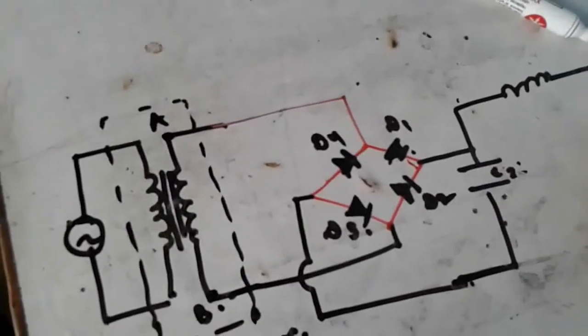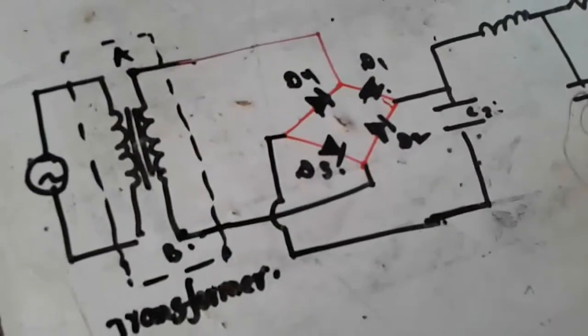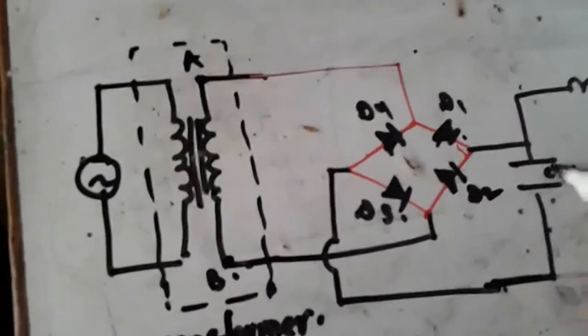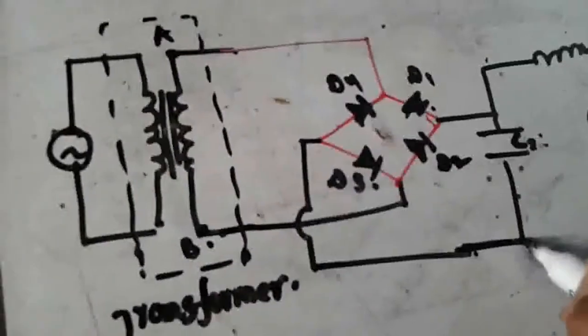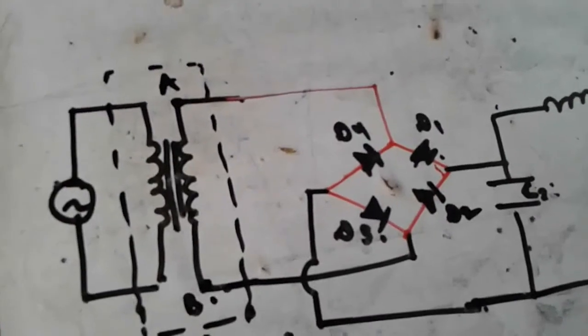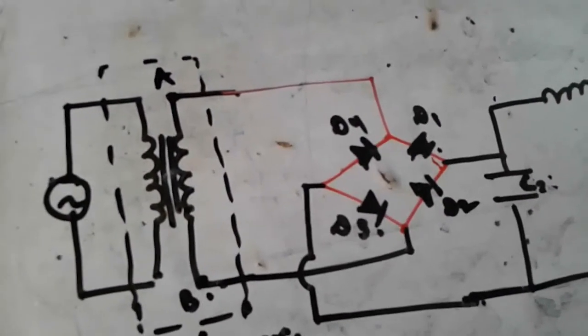And now a resistor, another capacitor in parallel connection. I will give them names: this one is C2, this one is C3. Now it will go like this, and here you will see a Zener diode.